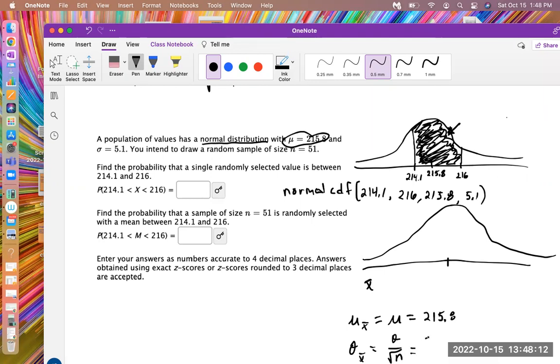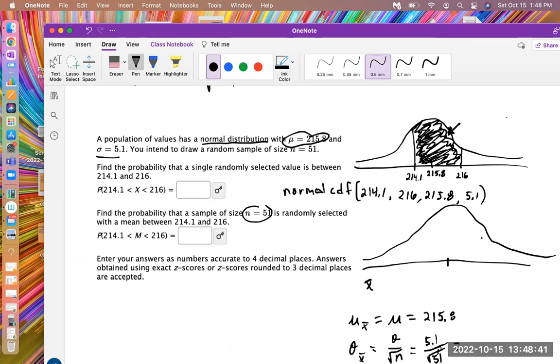So that's going to equal 5.1 they gave me here in the beginning, divided by the square root of 51. That's where I'm getting the 51, n equals 51. And they reminded us down here as well. Sometimes you can put that straight into your calculator because you don't want to truncate this. Ideally, you wouldn't truncate any numbers. You'd put all of them into this normal CDF.